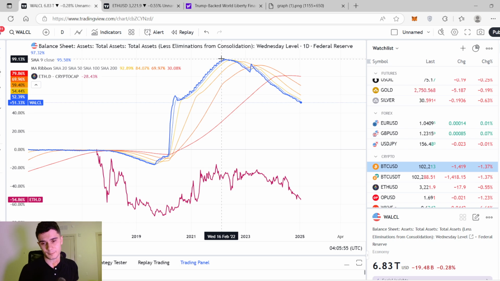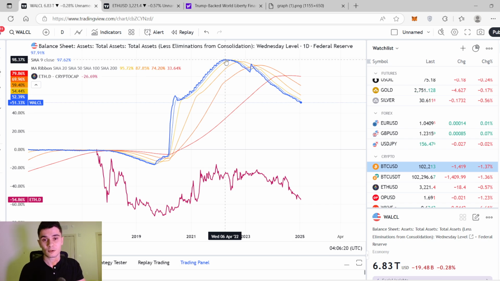When the Fed is buying assets, that injects liquidity into the markets, and this liquidity has to park somewhere. So usually that is good for risk assets like stocks and crypto. And when the Fed balance sheet is expanding, that's when risk assets tend to go up significantly.